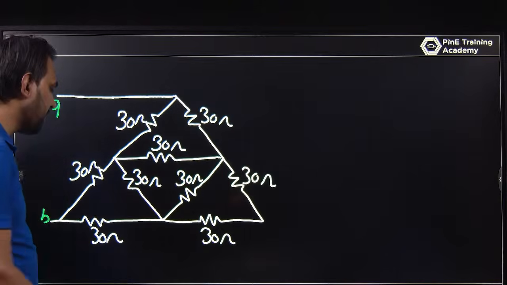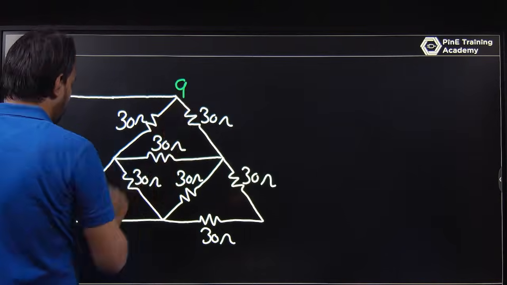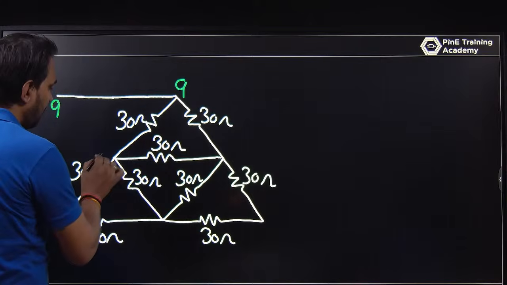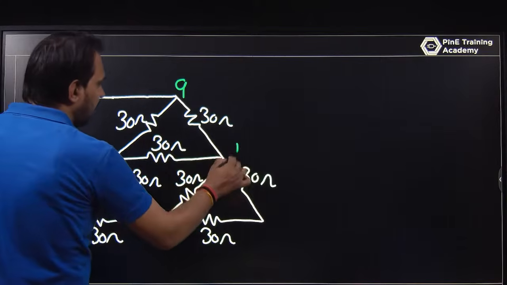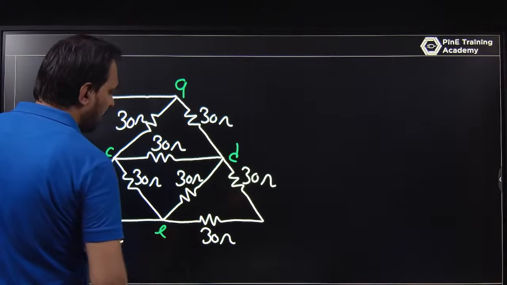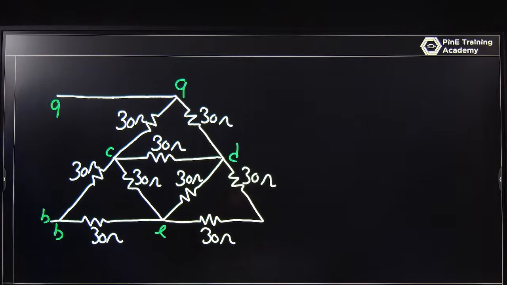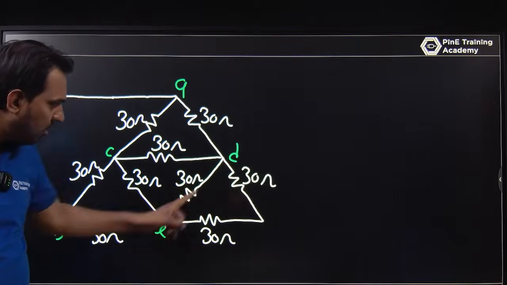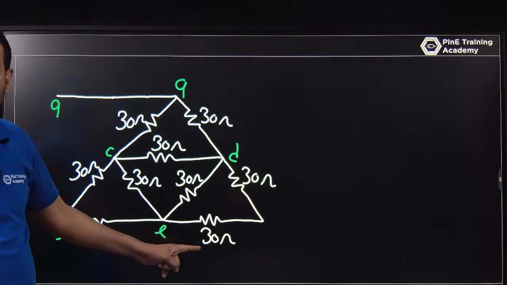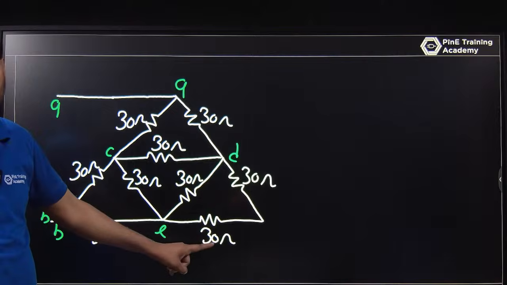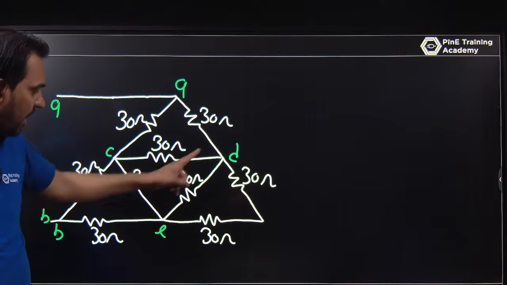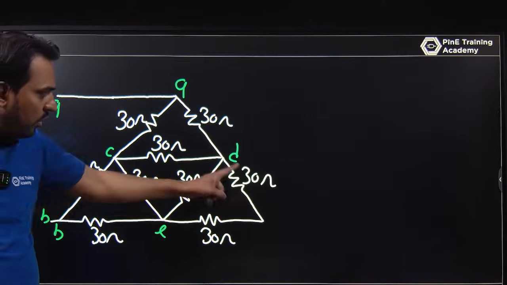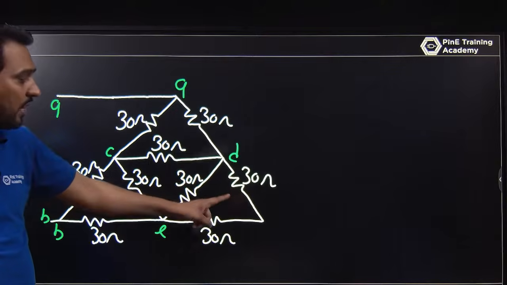If you are not getting this point, just say this is A, this is B, this is C, this is D, this is E. Looking at D to E, this 30 ohm and this 30 ohm are in series and become 60 ohm. So D to E has a 30 ohm and a 60 ohm in parallel.